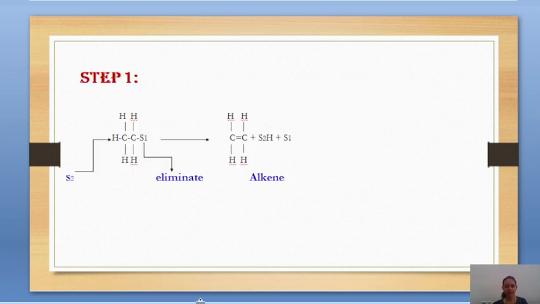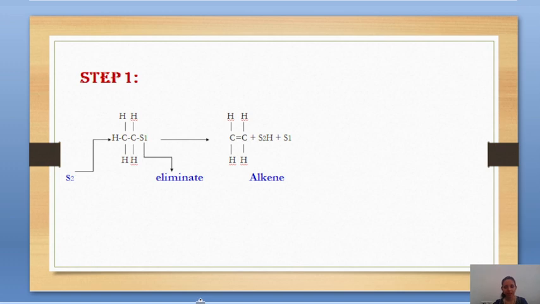Now let's check its mechanism. It's very simple. There is one organic compound where the S1 substituent is attached. From the other side, you can see that the S2 substituent is also attacking the organic compound. So what will happen?